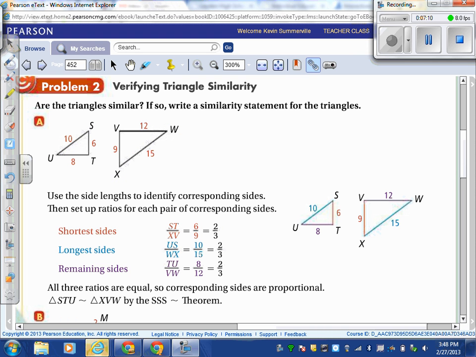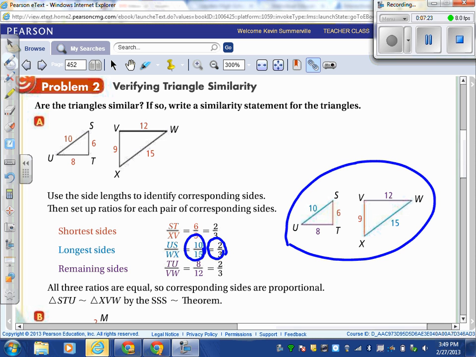If you set those up, you get 10 over 15, which reduces to 2 over 3. By doing that, you show that these two triangles are similar because they have the same proportion, 2/3, 2/3, and 2/3. So all sides have the same proportion, so both triangles are similar.